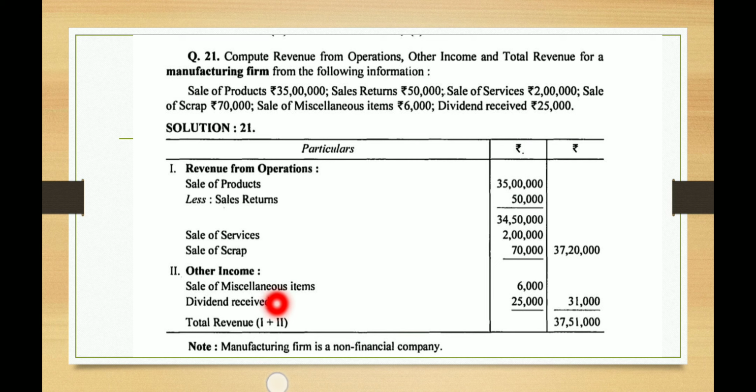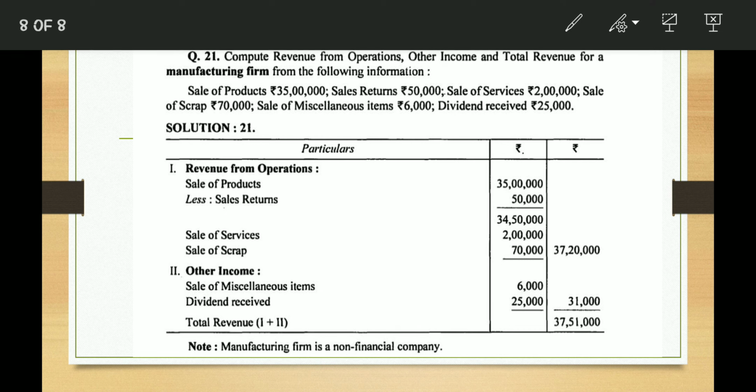Maybe the company invested some money in shares or debentures; that is dividend. They received a dividend of 25,000, making 31,000. After all of this income, we can find the total revenue, and this is the main income of a company.